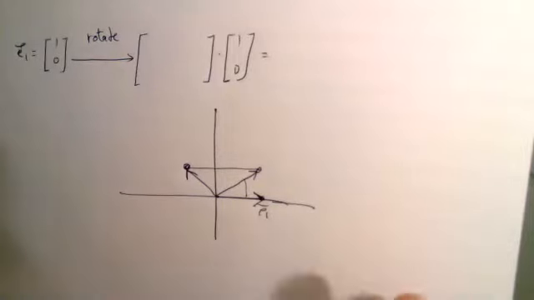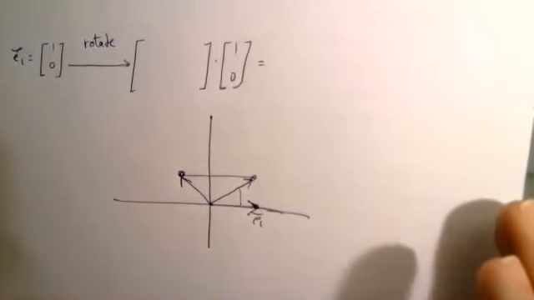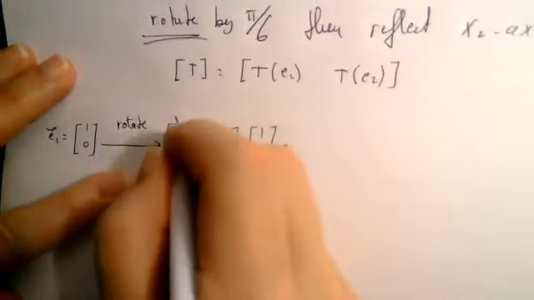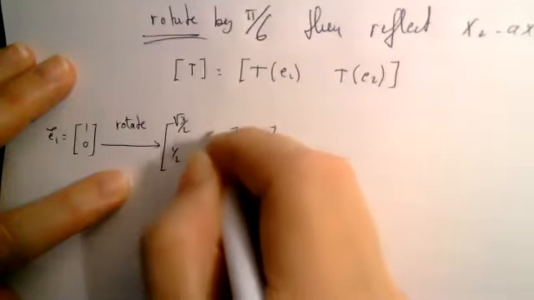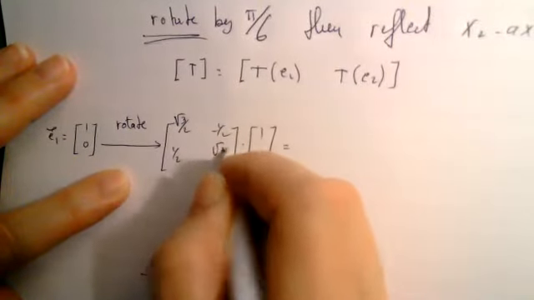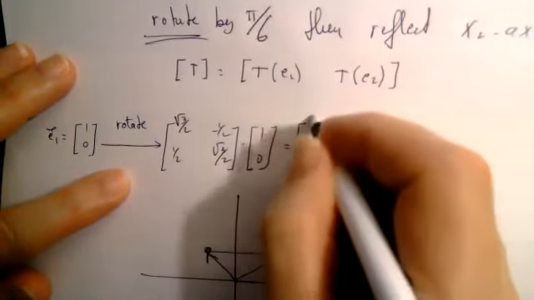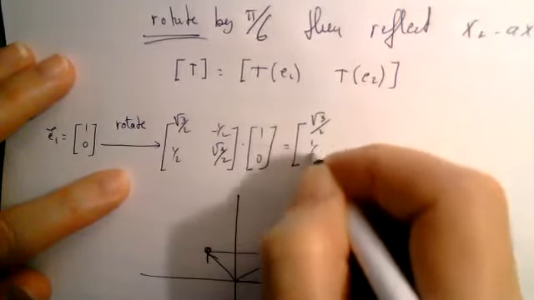If you do a little bit of geometry, it helps you find out whether your answers are correct or not. Now the rotation matrix was the cosine of pi over 6, minus the sine, the sine, and the cosine. It means this vector, after I rotate it, is going to end up right here.